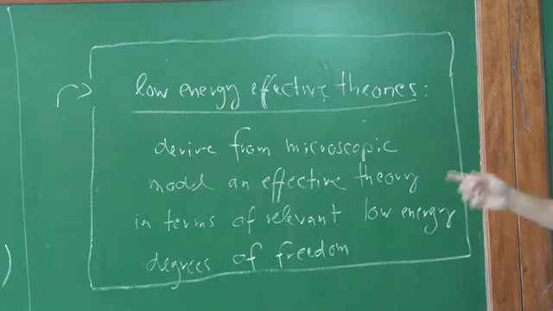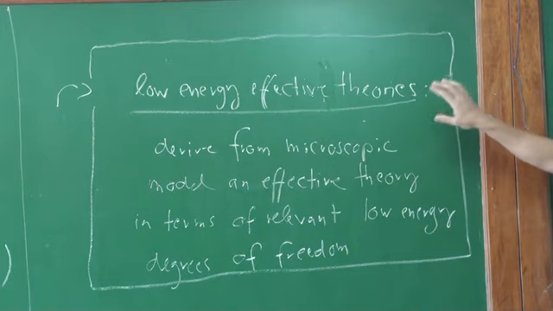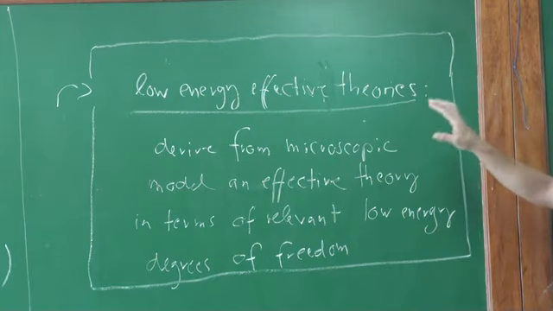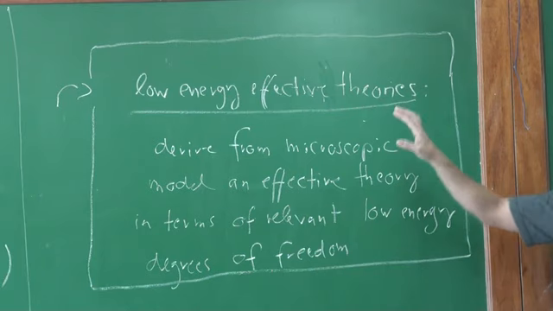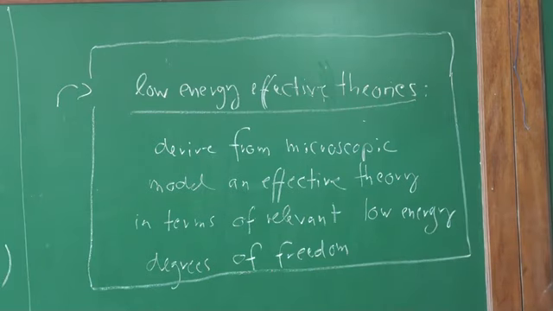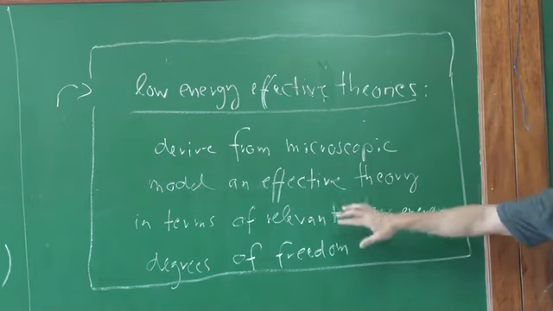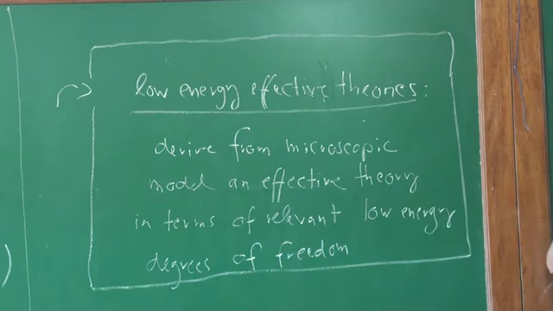I will come to this shortly. So we will use some functional integral methods to derive the low energy effective theories because they are quite efficient in doing this. So the first thing that you have to find is, you have some problem described by some kind of microscopic Hamiltonian, which I wrote down, and you have to get an idea of what the relevant low energy degrees of freedom for the problem are.